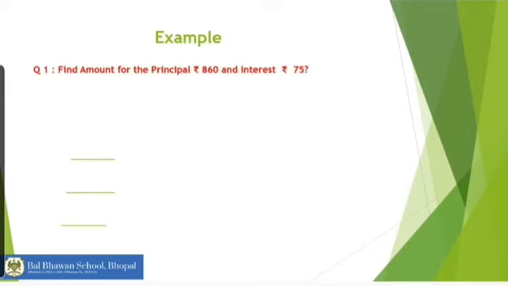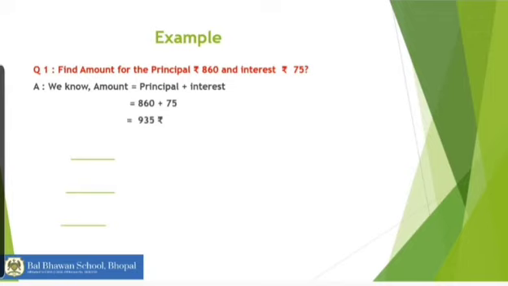Moving forward, now we will talk about examples. My first example is: find the amount for the principal rupees 860 and interest 75. That means the principal and the interest both are given to us and we need to find the amount. As I told you earlier, amount is the value which a person gets after a particular time period, which includes the principal, the amount he invested or borrowed, along with the interest applicable on it.